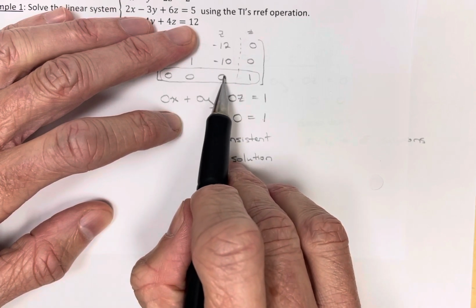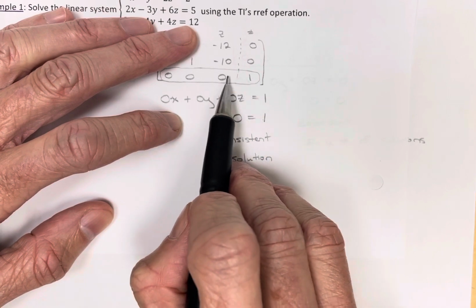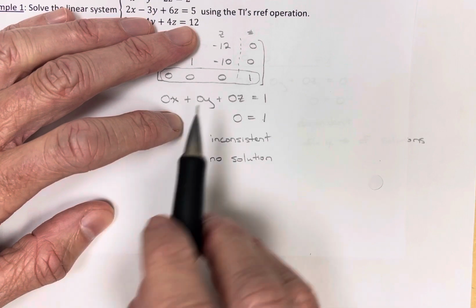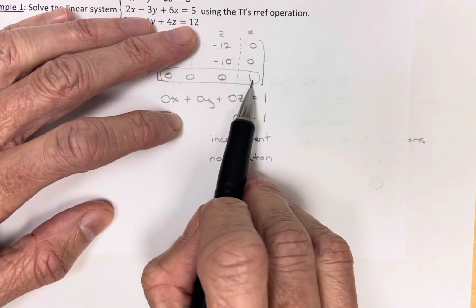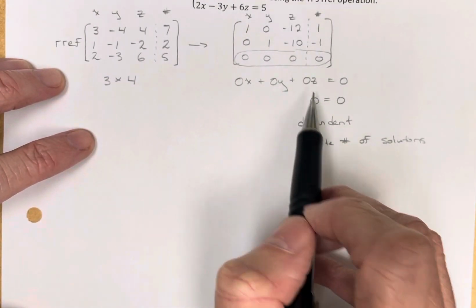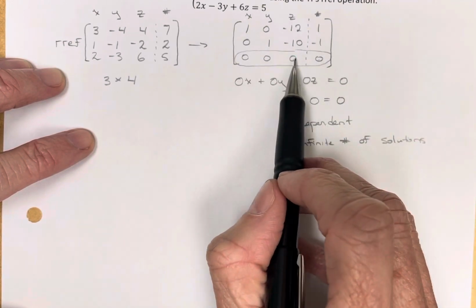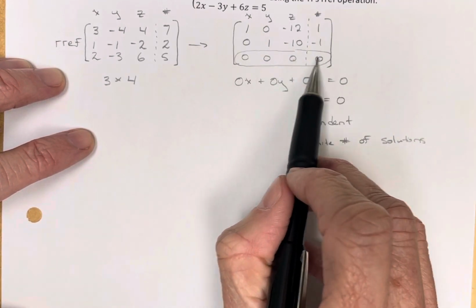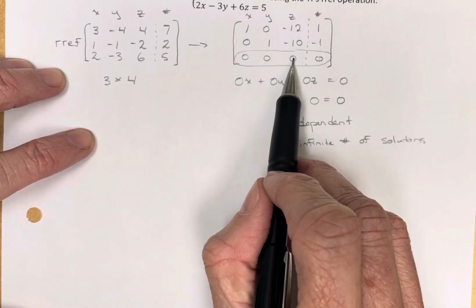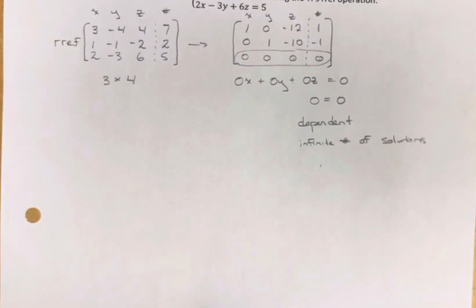A consistent system would be z equals a number. If there's a 0 here and a number, the system is inconsistent. No z's equals a 1, and that's not going to happen. Again, in a dependent system, no z's equals 0, and this is a dependent system right here. The 3rd row, when we have a 0 in that spot, we recognize that we have a dependent system or an inconsistent system.